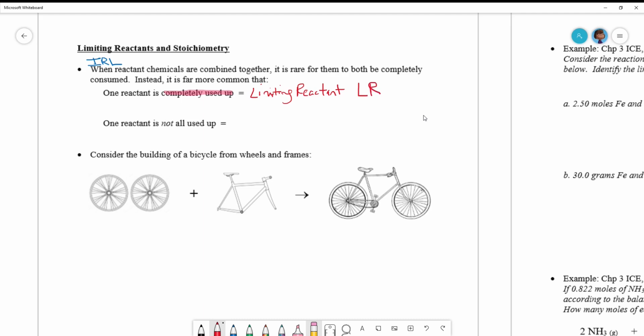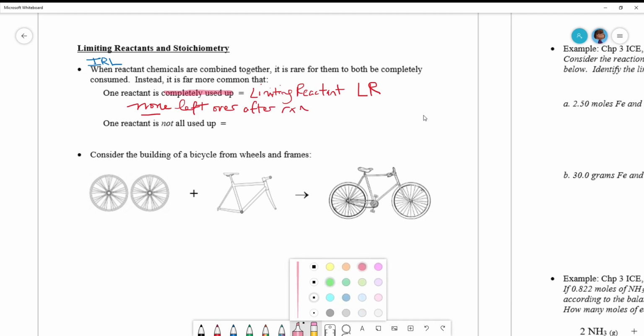The thing about the limiting reactant is, if it is completely used up, this is the reactant for which there will be none left over after the reaction. So let's write that, none left over after reaction. But the other reactant or reactants in the chemical reaction will not be all used up. And what do we call this reactant?